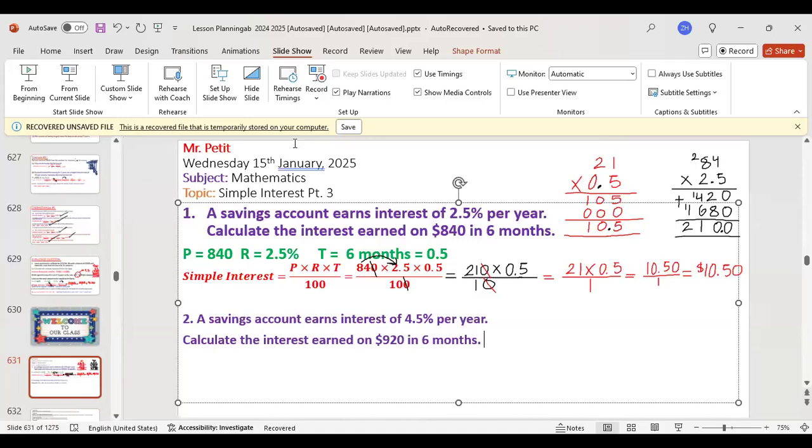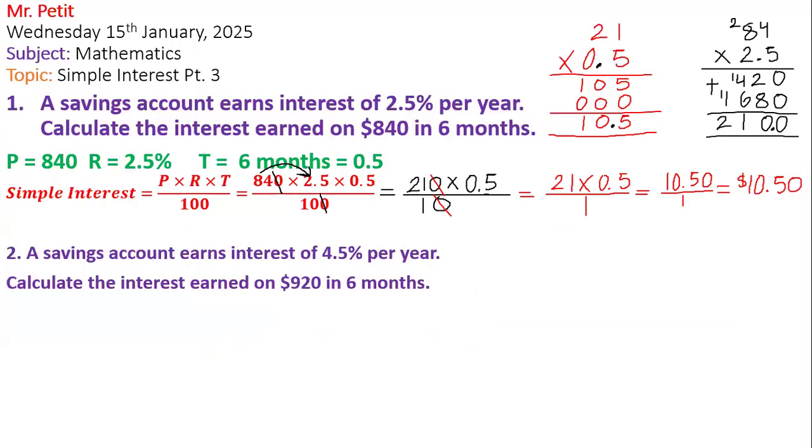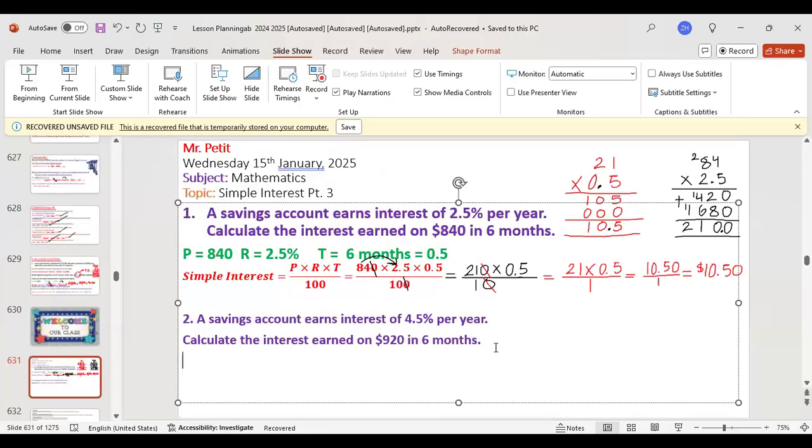Now, like I said, the difference between this question and the questions that we've done previously is that time was given to us automatically in years. But in this one, time is given to us in terms of months, so we have to convert it from 6 months. And so what is our principal in this case? What is our principal for this question?